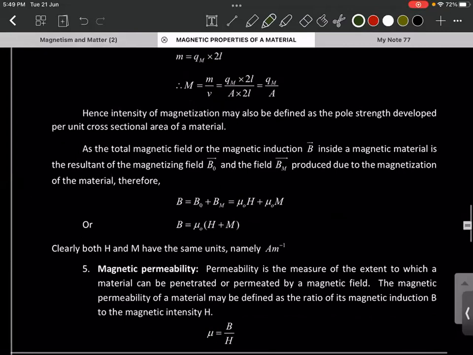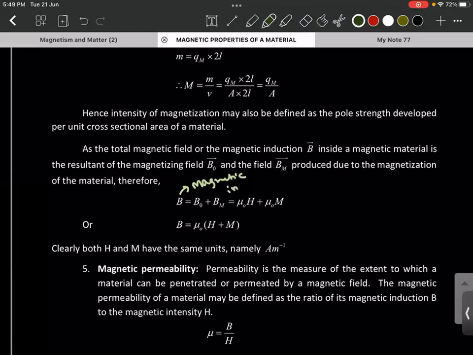From this, an important point that we can conclude is that magnetic induction is equal to the sum of the magnetizing field and the induced field.